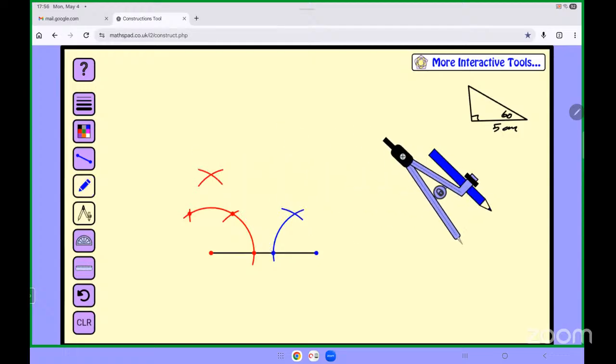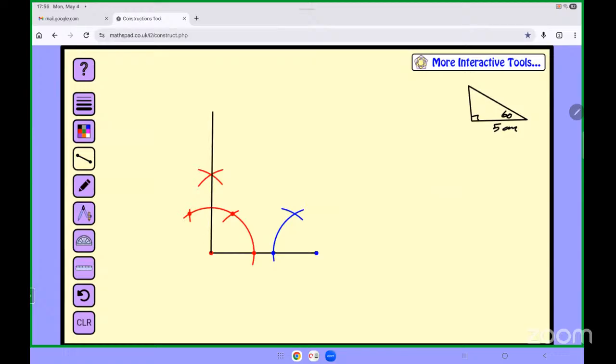That's a 60. So you draw the line now. The straight line up here to this intersection is going to be 90. And then the straight line through the intersection for the 60 up here.